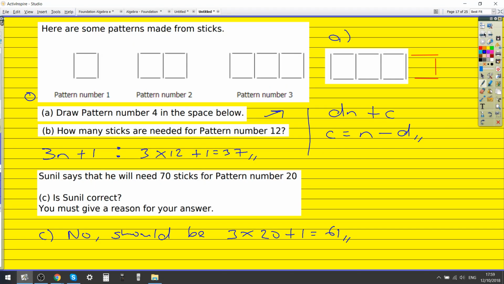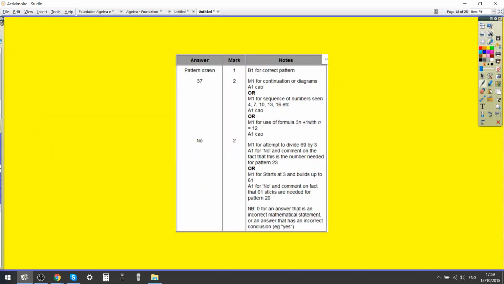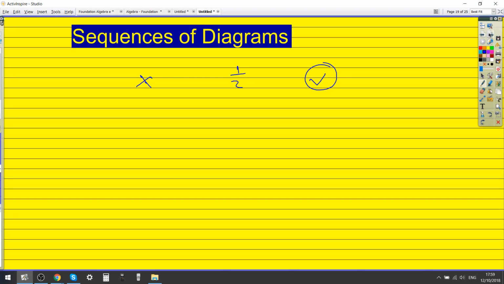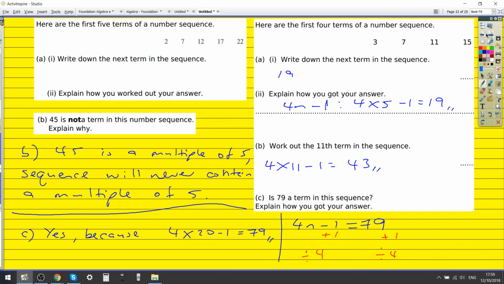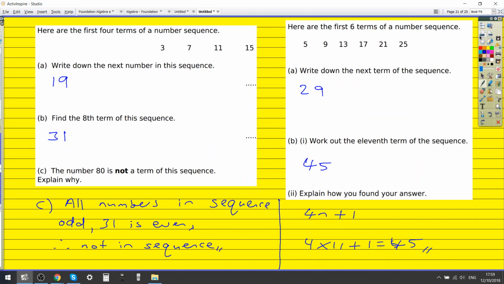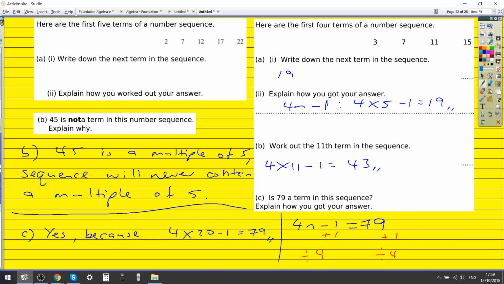No, it should be okay. So sometimes it's easiest, like, are they right? Are they wrong? Just find the right answer and just say, no, this is what it should be. Sometimes it's simple, like they're all odd numbers, they're all even numbers. They all end in 5, but the number doesn't end in 5.